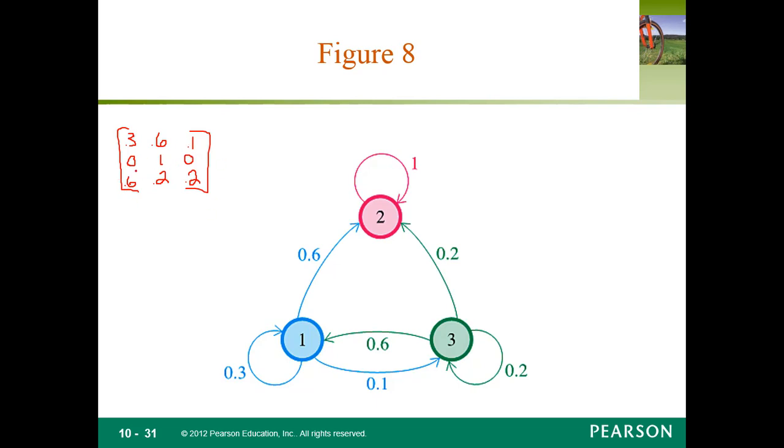Okay, so we have our transition matrix here. Notice that all the rows add up to 1, but notice that we've got some zeros here.